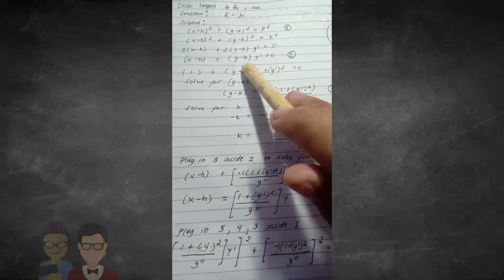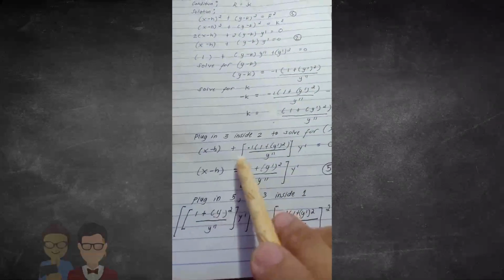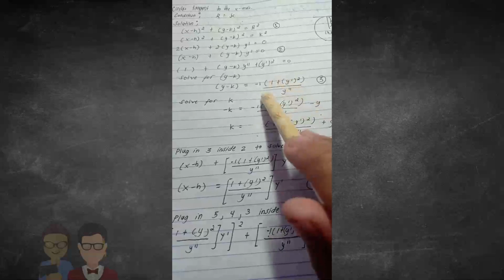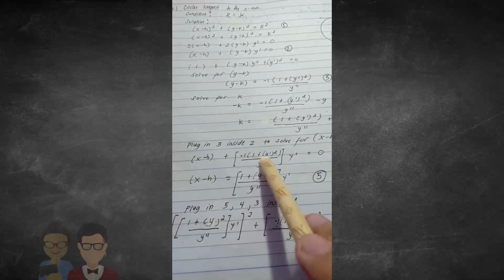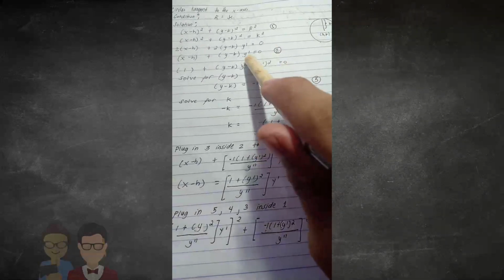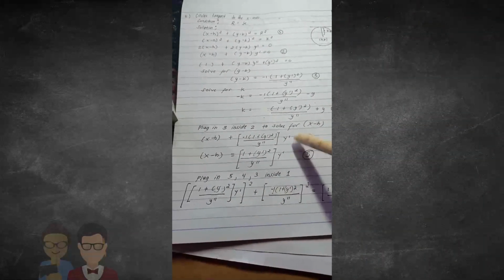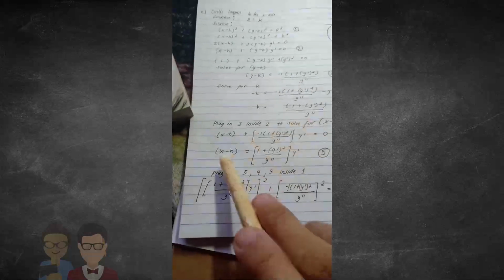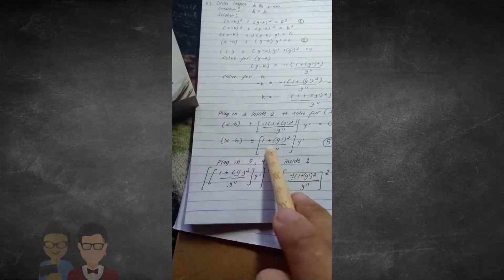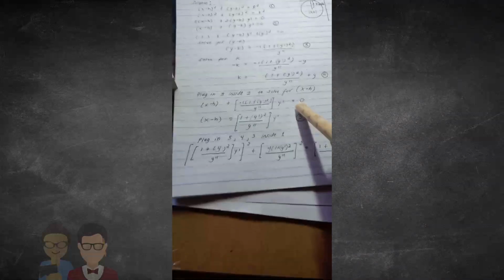Okay, so we substitute y minus k by this solved equation. So x minus h plus y minus k, ito yung value ng y minus k is negative 1 times (1 plus y prime squared) over y double prime, times y prime because of this. So we can solve for x minus h, we just transpose it to the other side, the negative would be a positive value. Okay, mark this as equation 5.